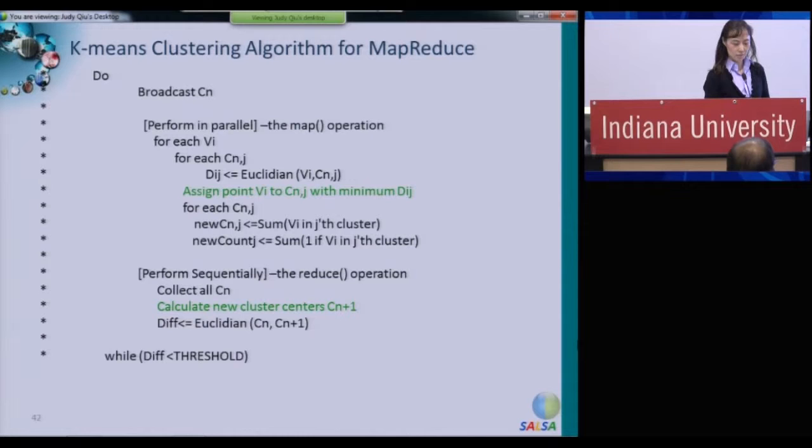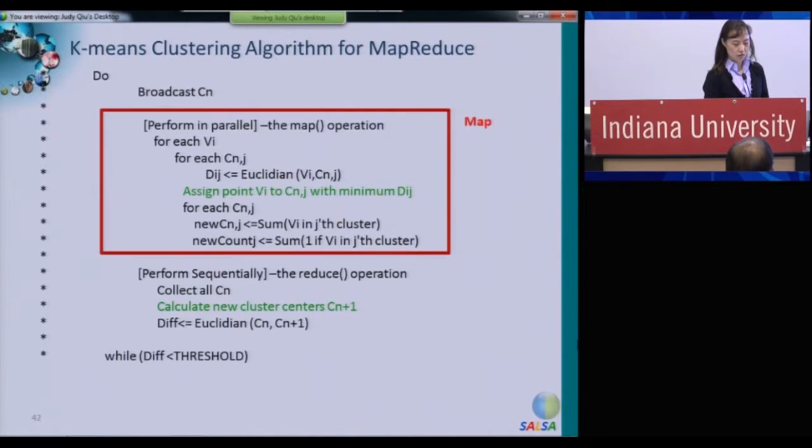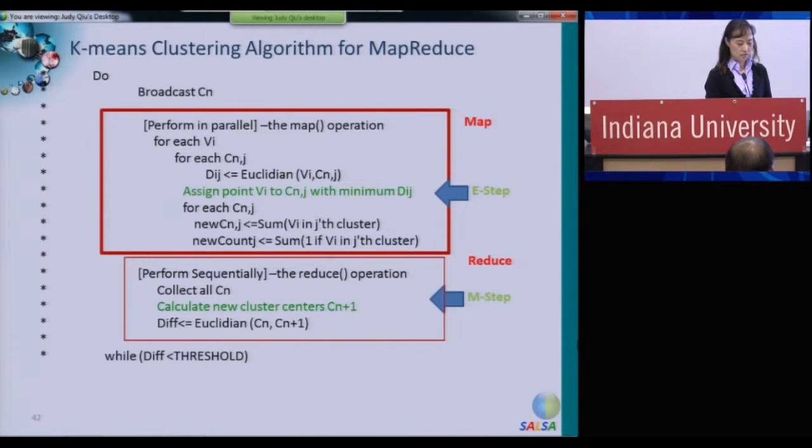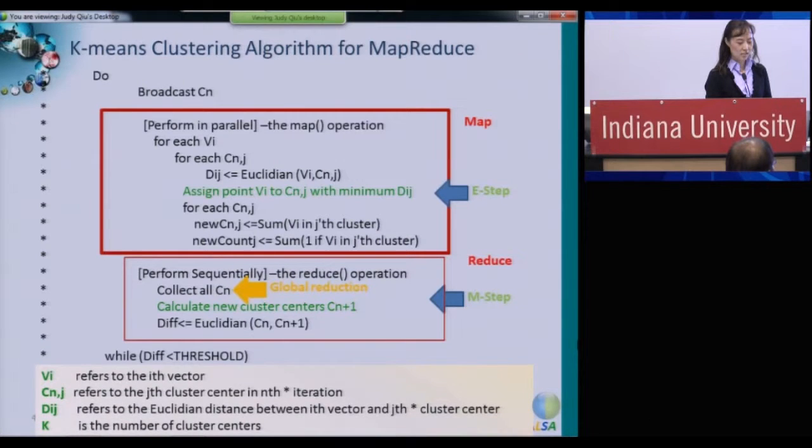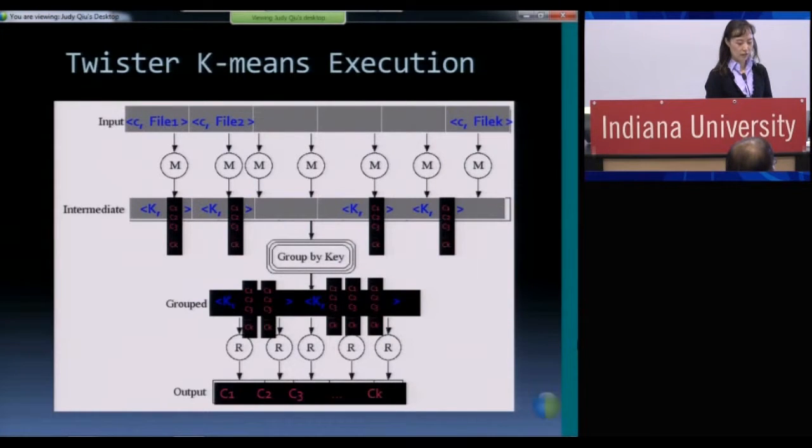If you look at this implementation using MapReduce, they clearly separate into a mapper stage and a reduce stage. In the mapper stage, basically you have a key function and calculate Euclidean distance. And the reduction function is basically you summarize all these intermediate cluster centers. So with these steps, you go through different iterations, and you can finish the computation.